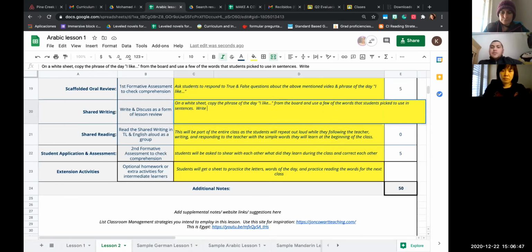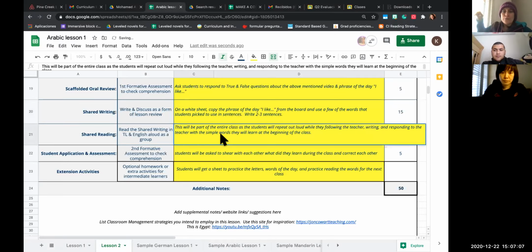I'm sure someone will shout that they want to learn a specific word, and writing a word for him or her to copy wouldn't take 3 seconds. So ideally would writing 2 to 3 sentences work for you, as long as they understand it and like it? Yep. And then you would read those out loud to them here, or they can read it with you if you think they're ready. This will be the part with the class.